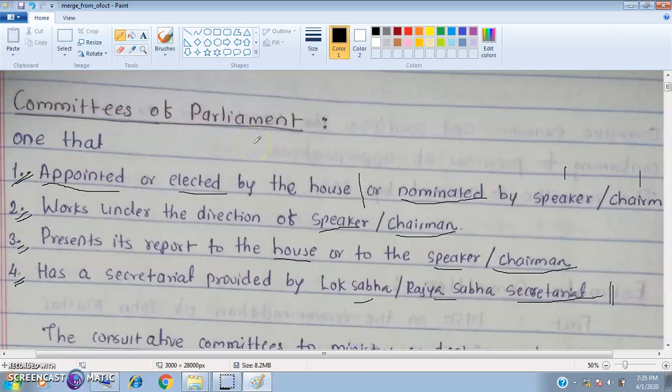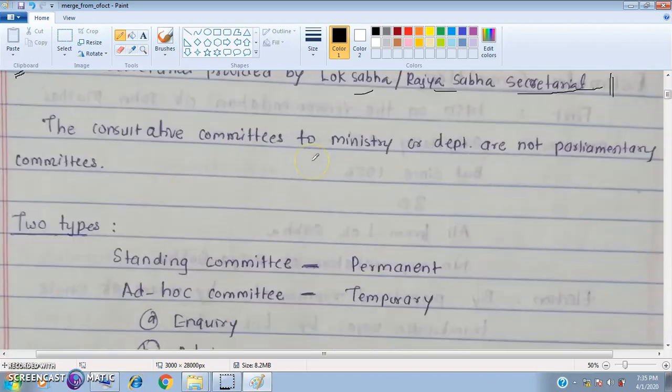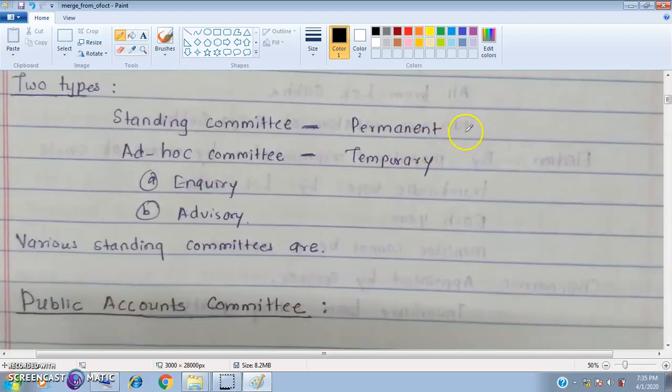There are a lot of additional functions which Parliament performs. That's why there are many parliamentary committees. Generally, all the committees can be classified under 2 categories: standing committees, which are of permanent character, and ad hoc committees, which are of temporary character.